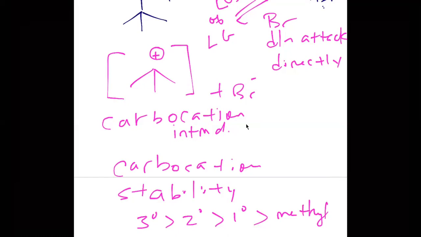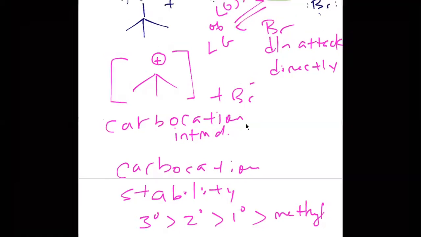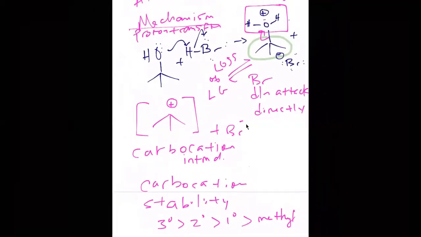Right, so you do proton transfer, you do loss of leaving group to get to your intermediate, and then what do you think the final step is? What are we trying to get? The final step would be bromine attacking the intermediate. Yeah. So I want to do this, right?